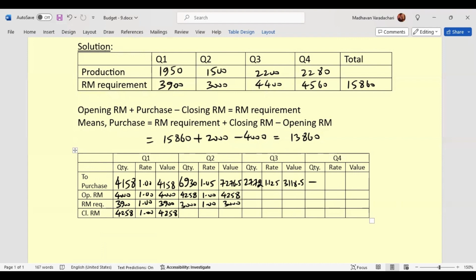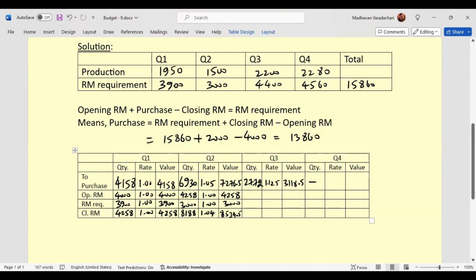So the closing stock will become now 8188. Here, if we calculate, opening raw material value is 4258 plus 7276.5 minus 3000, we will get the value as 8534.5. Now 8534.5 divided by 8188, we will get 1.04.